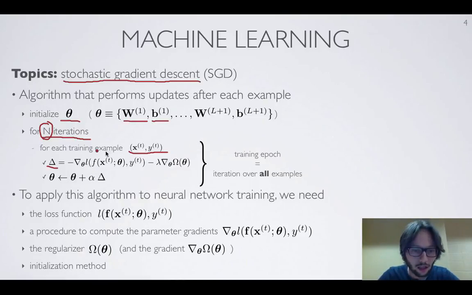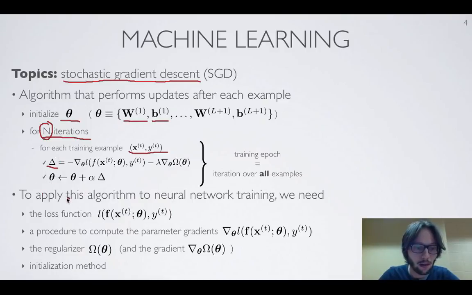So if I take the gradient of my loss plus my regularizer with respect to my parameter, this gives me the direction in which, if I change my parameter, I'm going to get the biggest increase in the loss plus the weighted regularizer. So if I go in the opposite direction, I should get locally the biggest decrease in the loss plus my weighted regularizer. So I use that as my direction, delta.